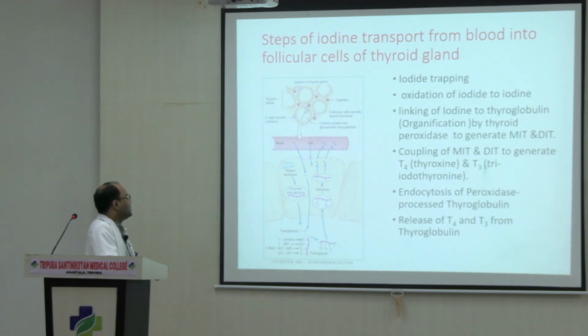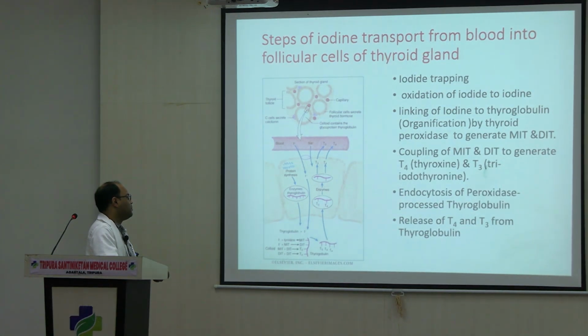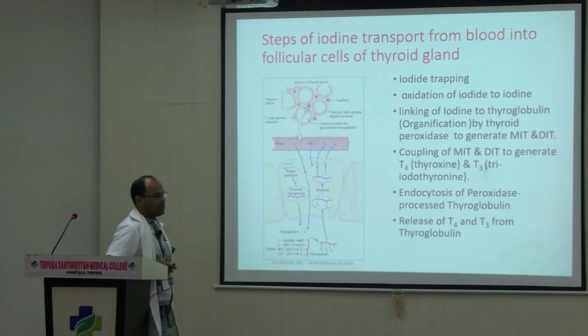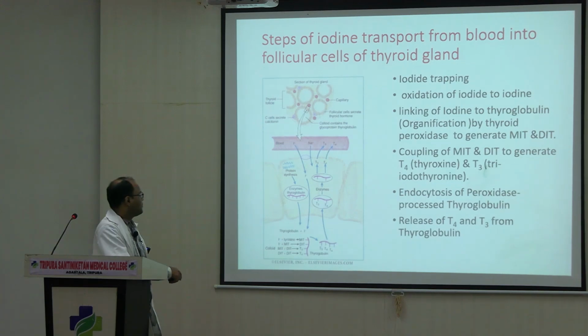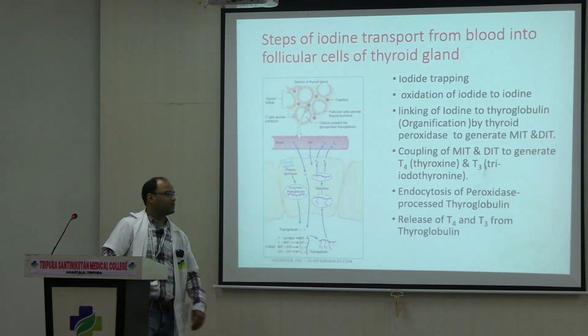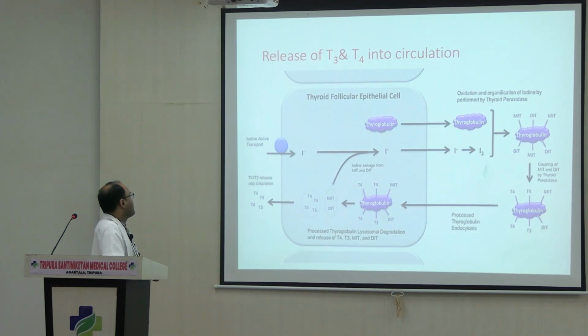Then coupling of these generates T4 and T3. Then endocytosis occurs, and thyroglobulin binds with these hormones, and when required, the hormone is released into circulation. The same is written here.